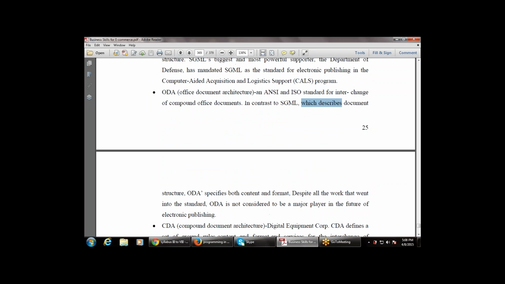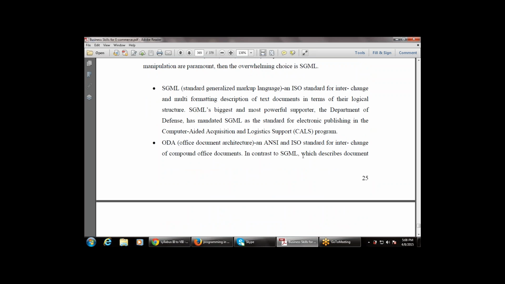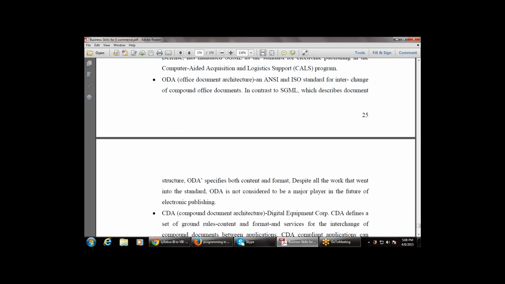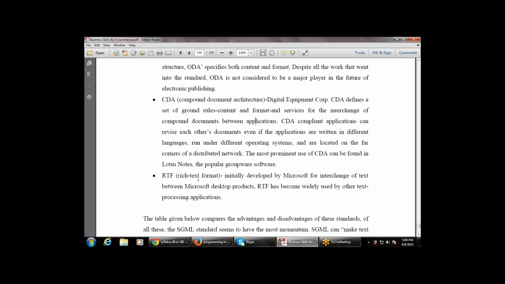In contrast to SGML, which describes the document structure, ODA provides the content and the format. So first of all, SGML provides the structure, then ODA provides the content as well as the format. Then CDA, the Compound Document Architecture, defines a set of ground rules, content, format and services for the interchange of compound documents between applications.